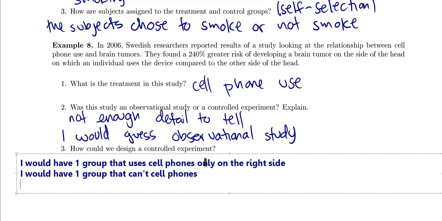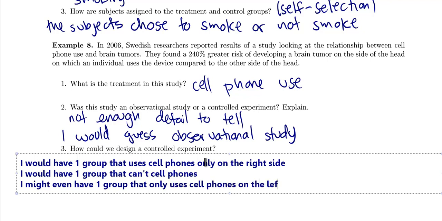And if you really wanted to be thorough, you could have one group that only uses cell phones on the left side. Now, this might be very difficult to do, to actually train people to only use cell phones on the right or left side of their head.